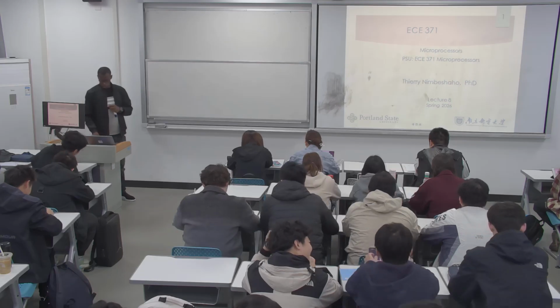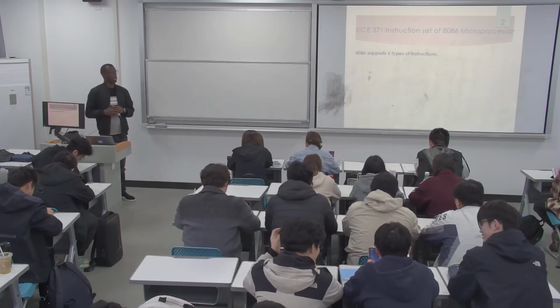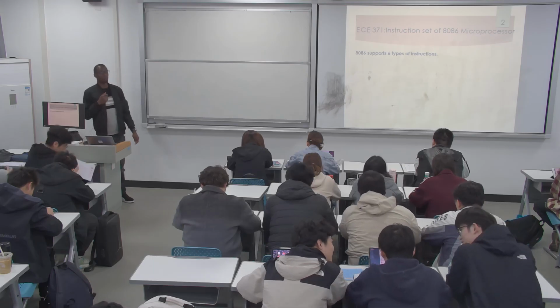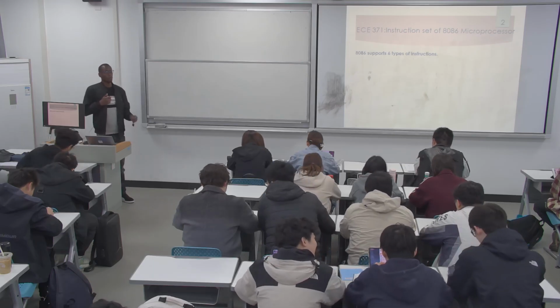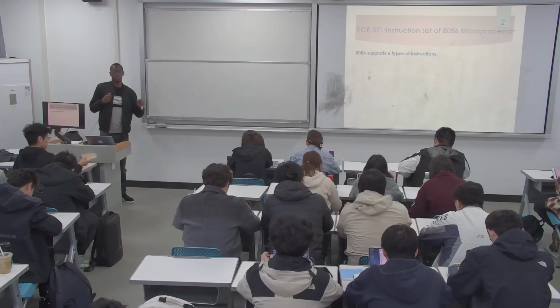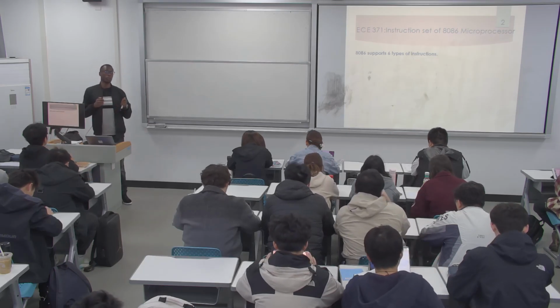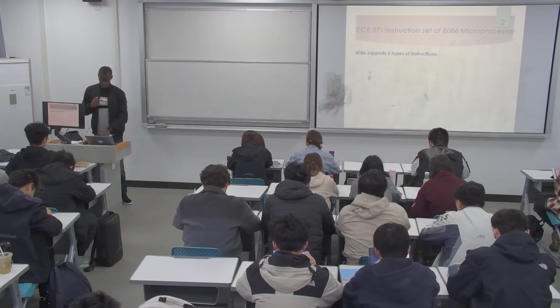All right, in today's class, we are going to learn about the instruction set of the 8086 microprocessor. We have seen that the instruction set is a set of commands that a microprocessor can understand and execute.